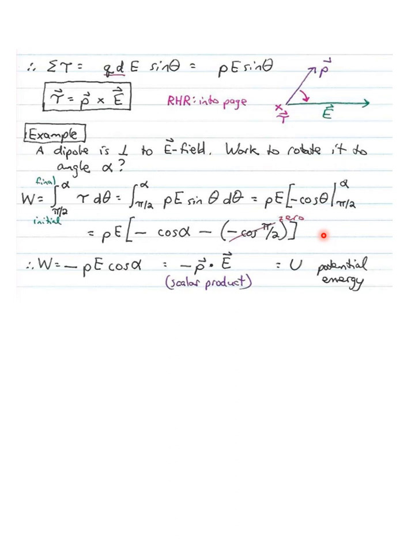So we have PE times negative cosine alpha, minus negative cosine pi over 2. Now, cosine of pi over 2 is 0, so that part goes away. We're left with PE times negative cosine alpha, or we can say the work that you do to rotate this dipole, assuming it starts from a perpendicular angle, is negative PE times the cosine of the alpha you're going to.